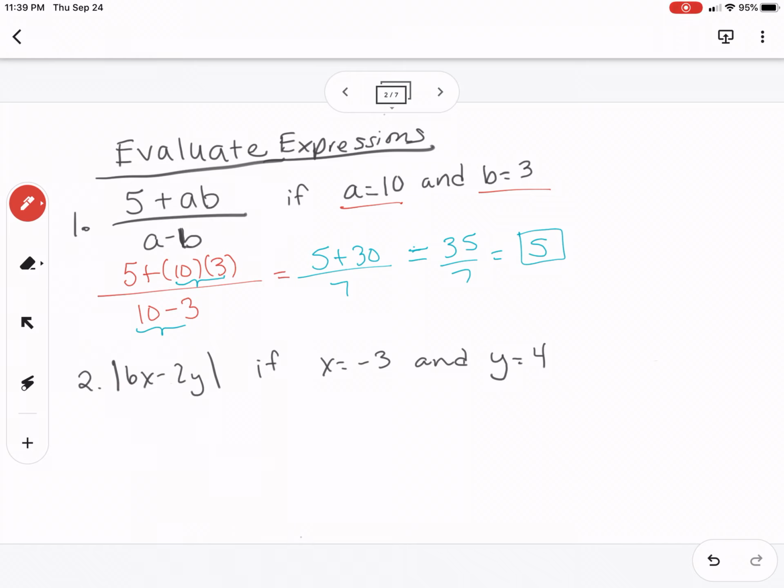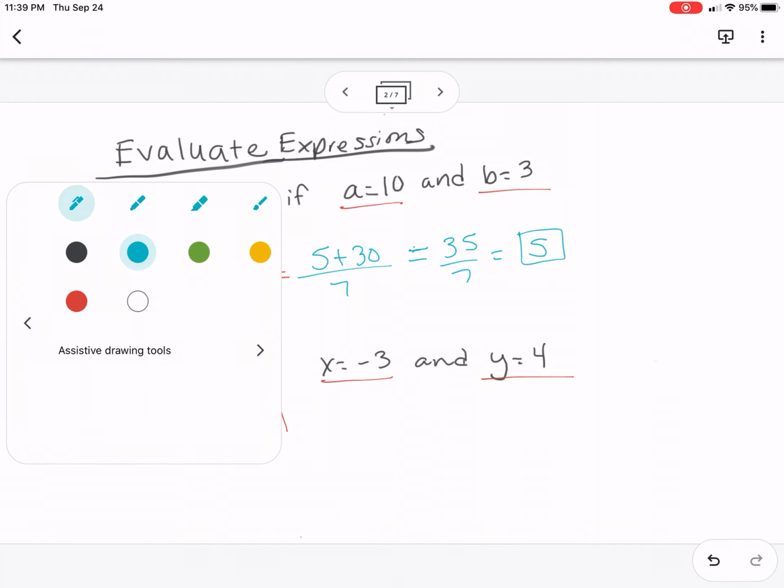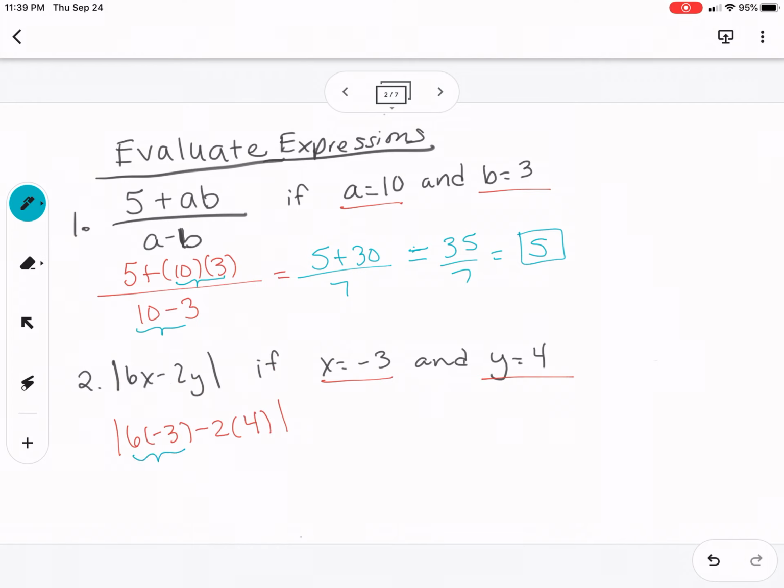On the next example, we're going to plug in -3 for x and 4 for y. Here, if I do 6 times -3, that's -18. And 2 times 4 is 8. So my problem becomes the absolute value of -18 minus 8.